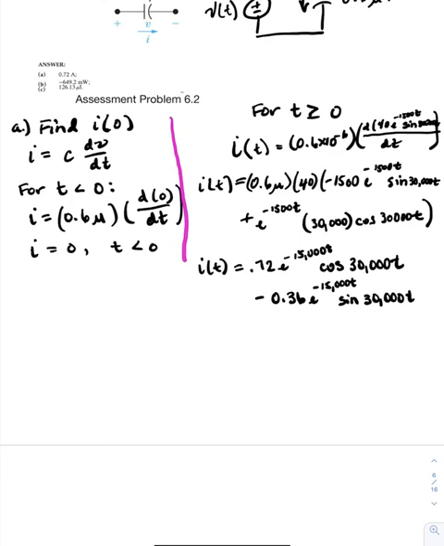So let me look at the original problem here. Find i of 0.